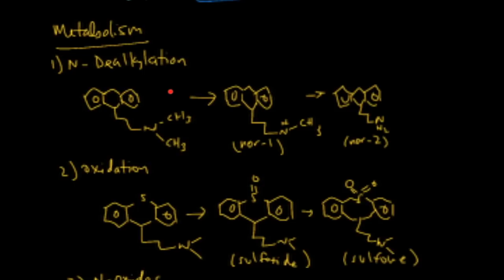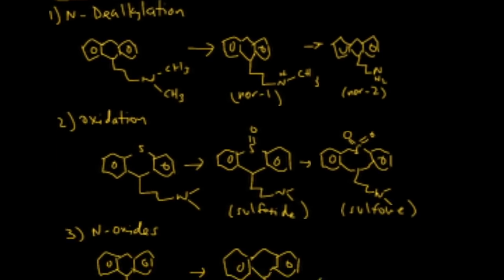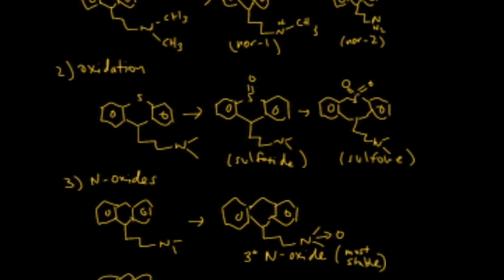So here's your tertiary amine. You're going to dealkylate it, remove a methyl group to make it a secondary amine. You're going to dealkylate that, or remove a methyl group, to make it a primary amine. So these metabolites are termed NOR1 for the secondary amine and NOR2 for the primary amine. Next up, you can oxidize phenothiazine at the sulfur.